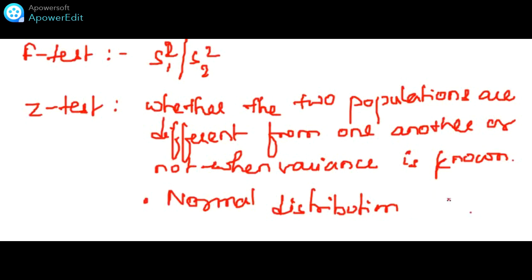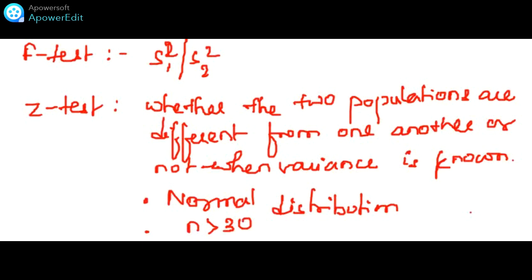So when the data follows a normal distribution, and when the sample size n is greater than 30, the Z-test will be used.